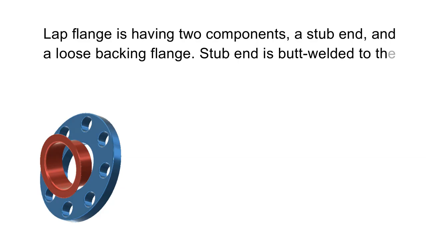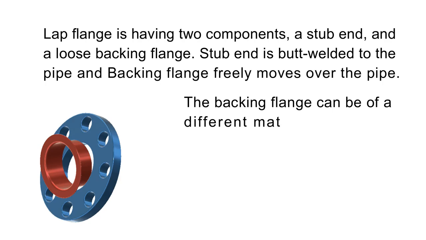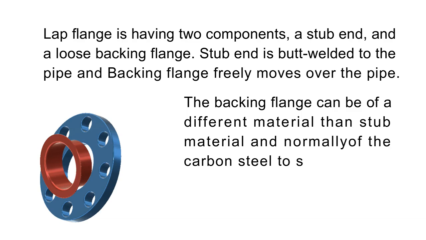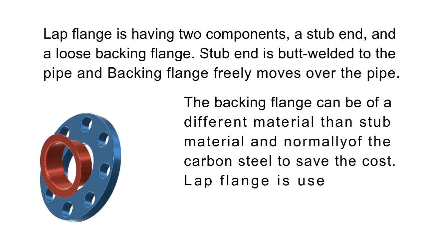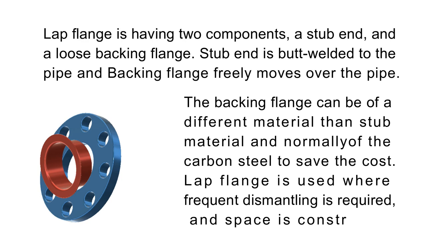The stub end is butt welded to the pipe and the backing flange freely moves over the pipe. The backing flange can be of a different material than the stub material and is normally carbon steel to save the cost. Lap flange is used where frequent dismantling is required and space is constrained.